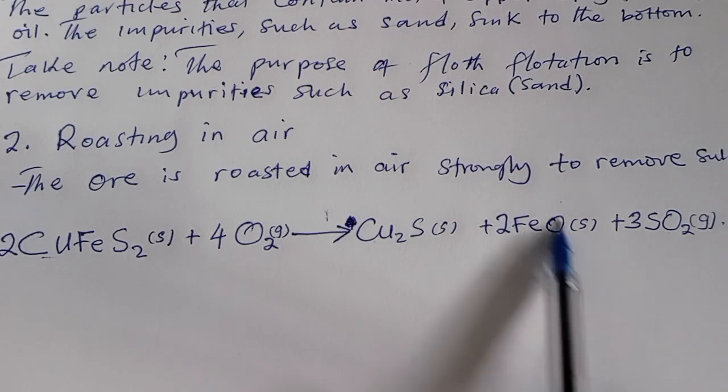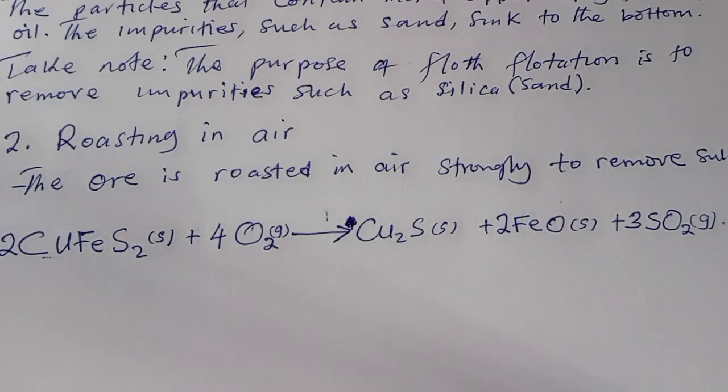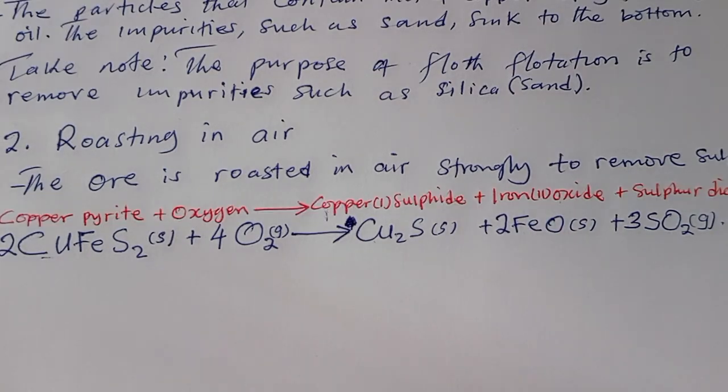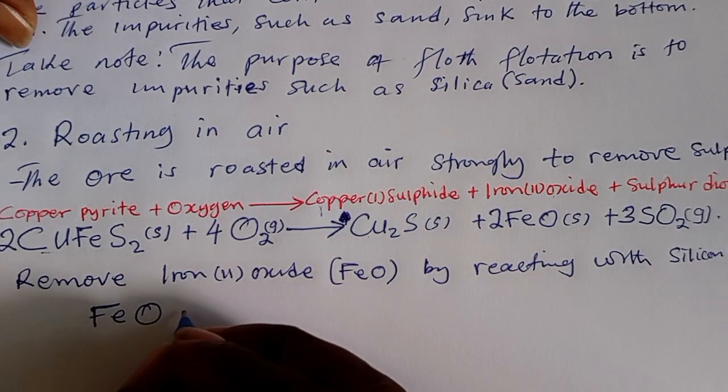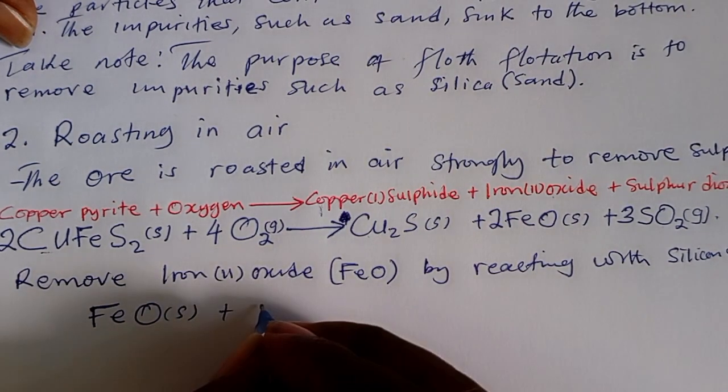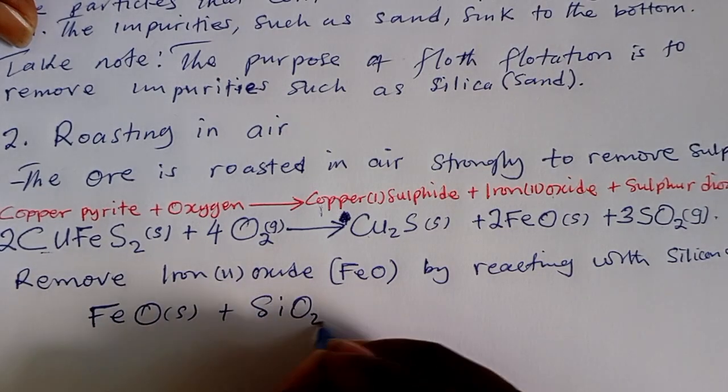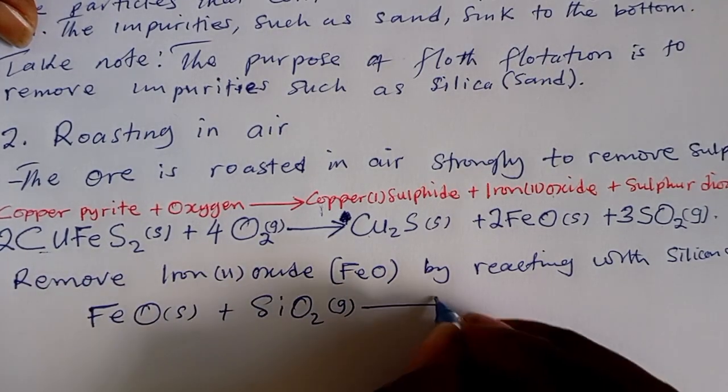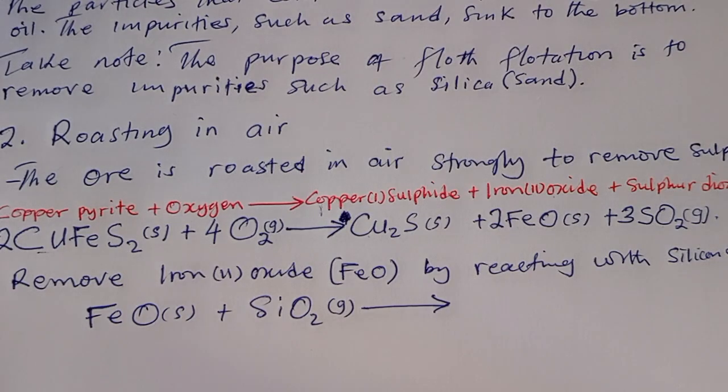We remove iron oxide by reacting it with silicon dioxide. Iron 2 oxide plus silicon dioxide gives iron silicate, which is the slag.